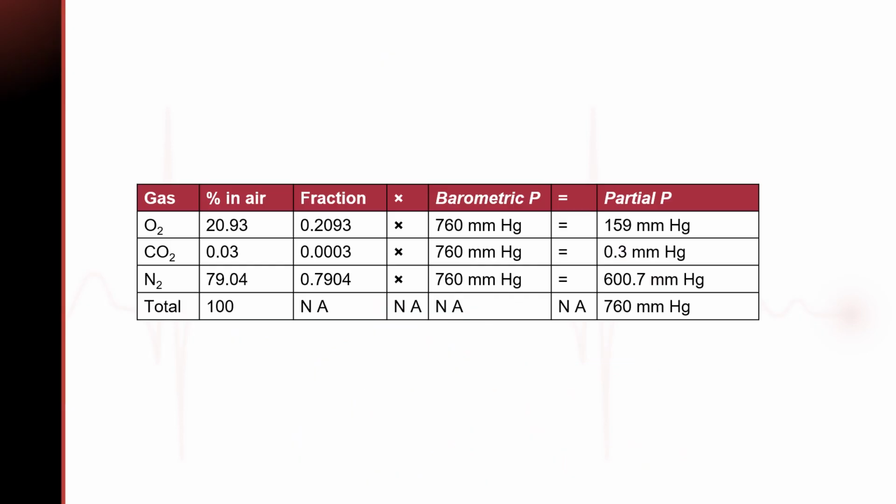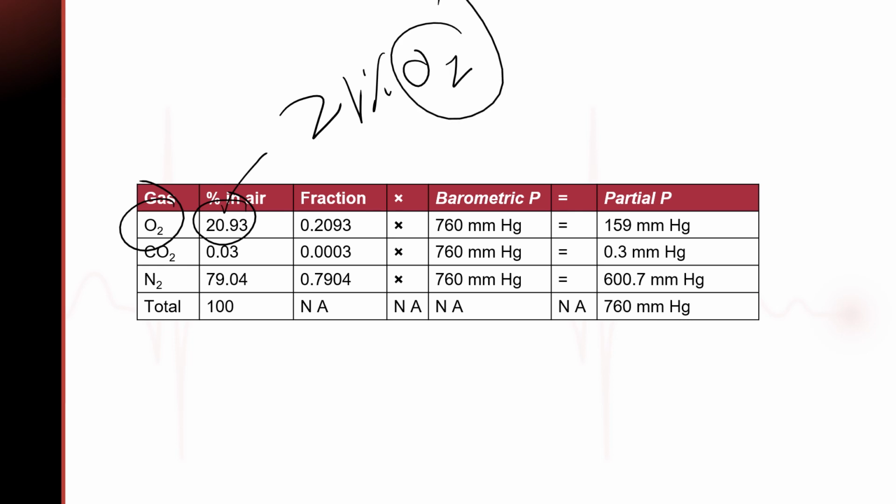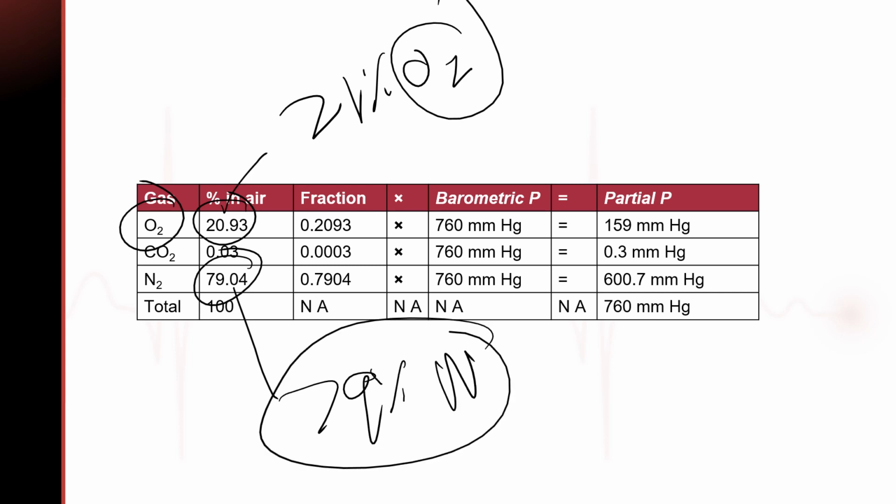All right, so the air in the atmosphere is made up of approximately 21% oxygen. And the air in the atmosphere is made up of approximately 79% nitrogen. It's made up of so little carbon dioxide that we're not even going to talk about it. Okay, one more time, very important.